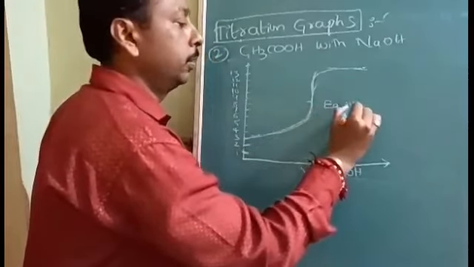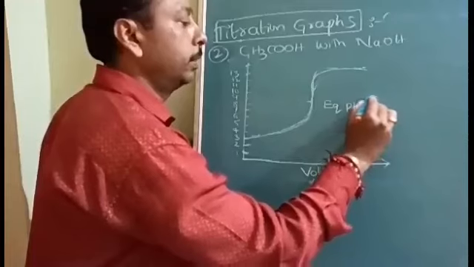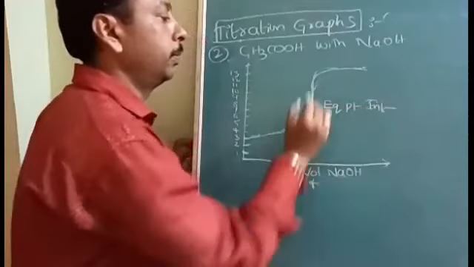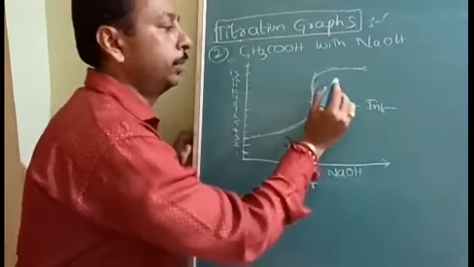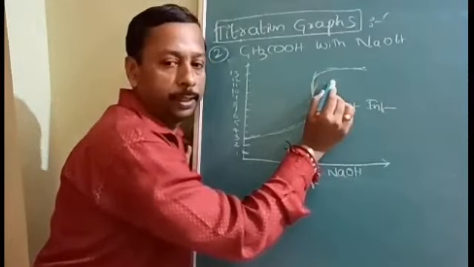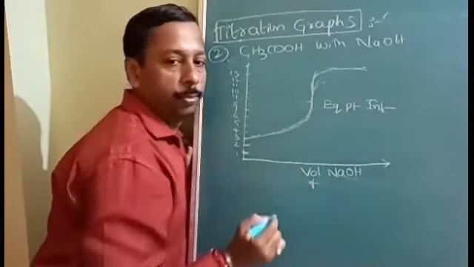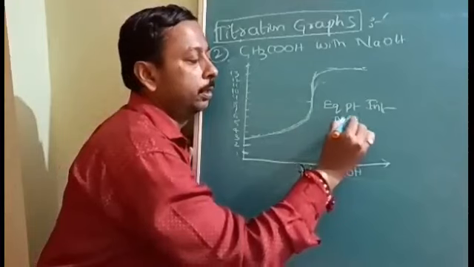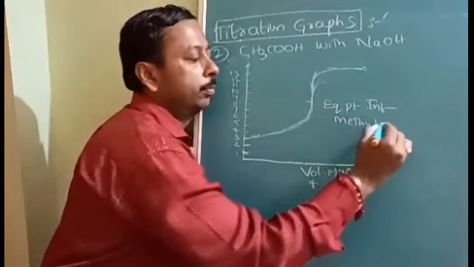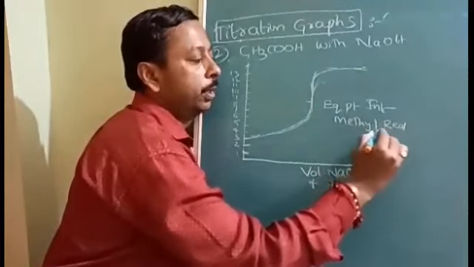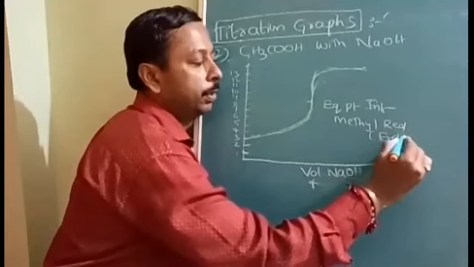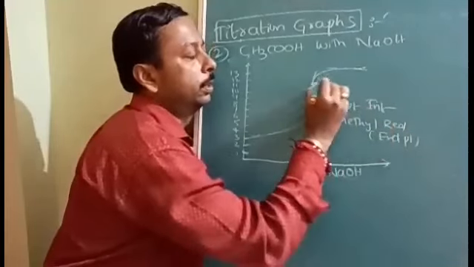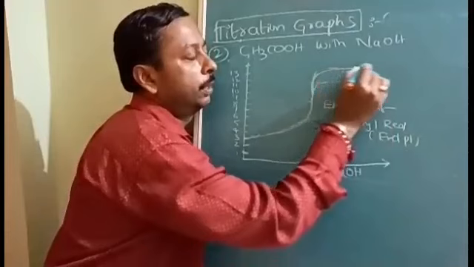The equivalence point is also called the inflection point. One end point will be there with respect to phenolphthalein, and this is with respect to methyl orange, methyl red. This is the end point with respect to methyl red, immediately after it converts.